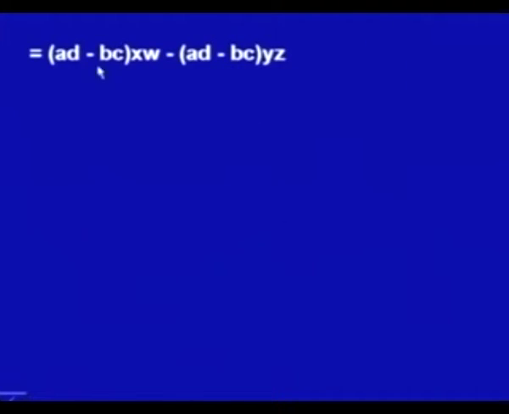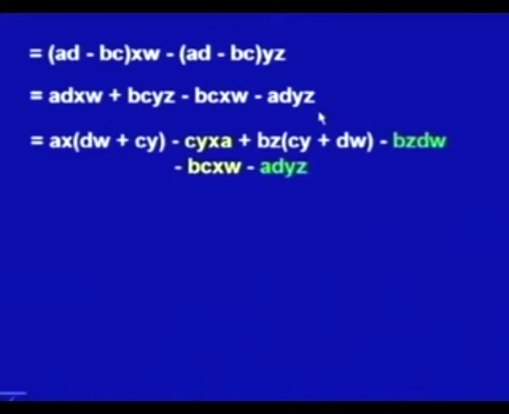So, we start with (ad minus bc)(xw minus yz) by expansion, and then adxw plus bcyz minus bcxw minus adyz. Here I am trying to add and subtract certain things so that the final result can be obtained easily.